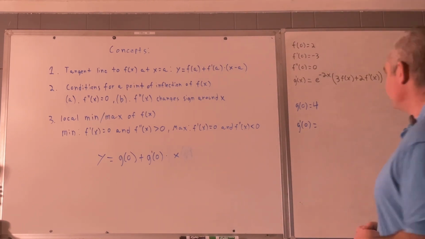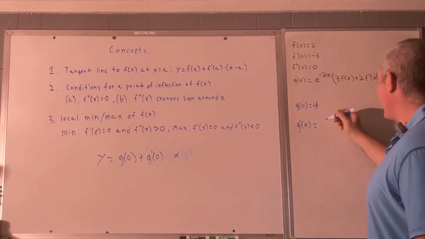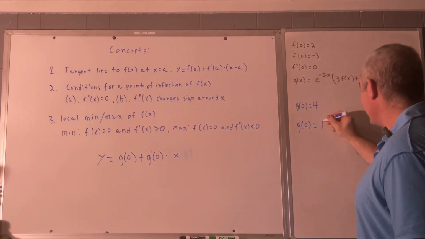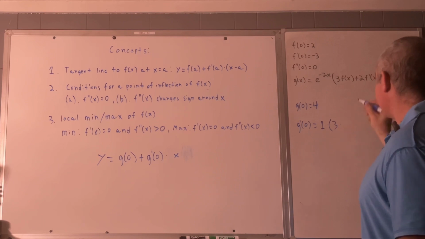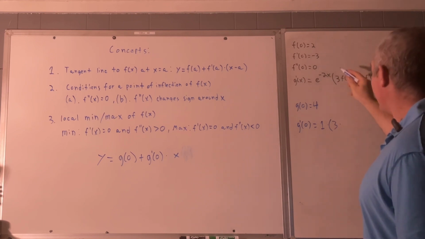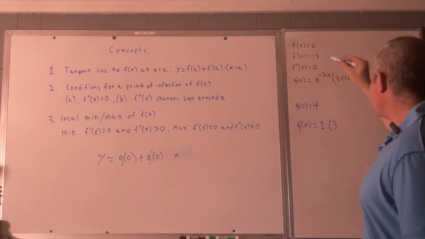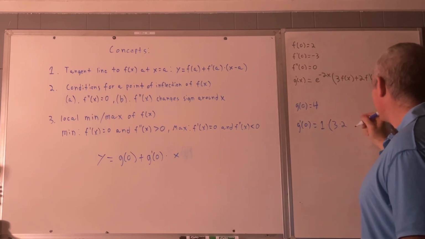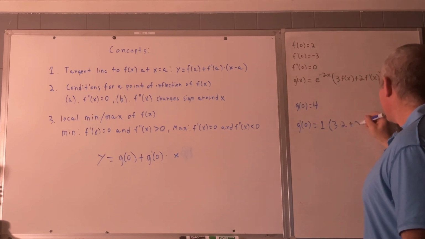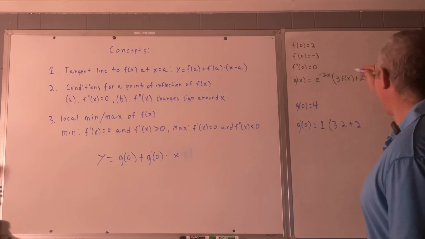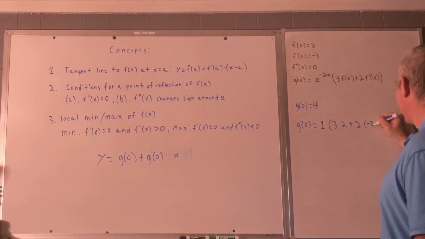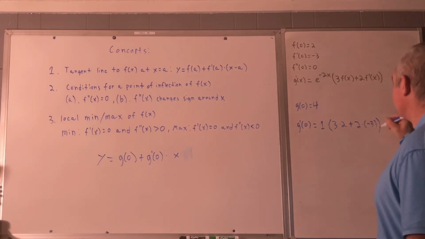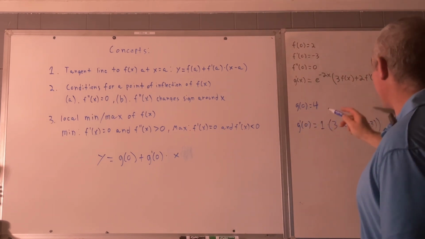Okay, so that's going to be equal to 1 times 3 times f at 0, or 2, plus 2 times f prime at 0, which is negative 3. That is g prime of 0.